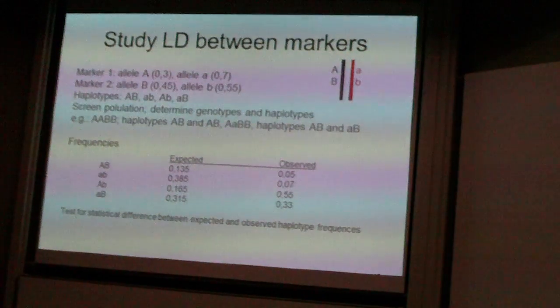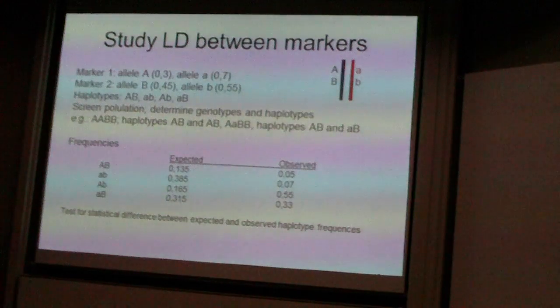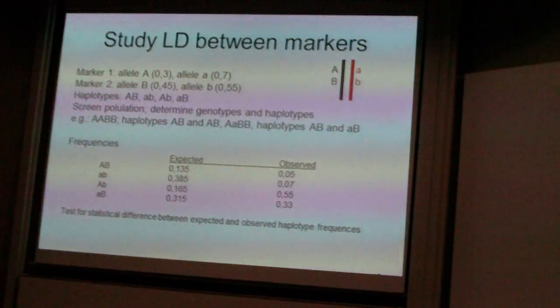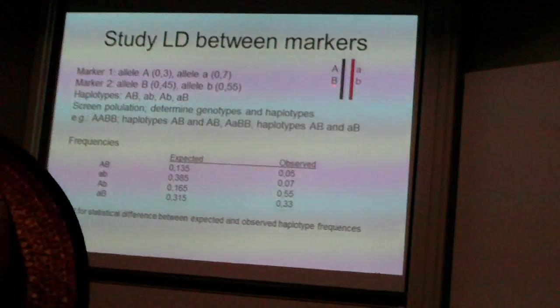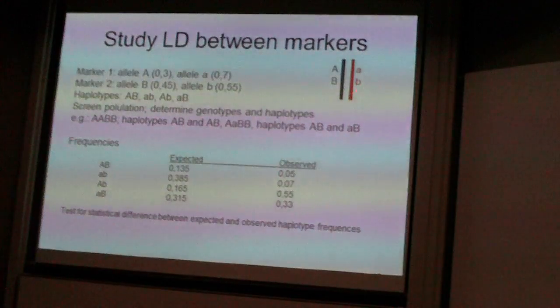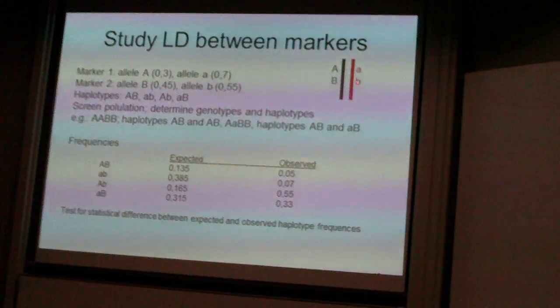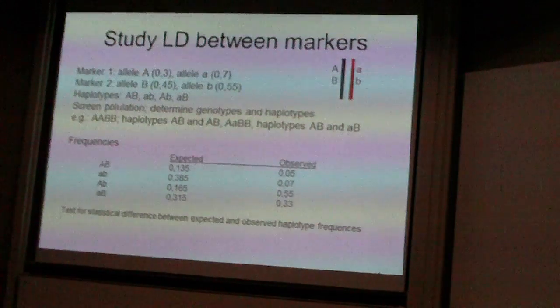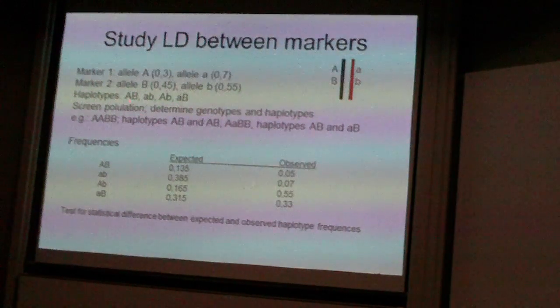Then what you can do is calculate the haplotype frequency. What is a haplotype? That's a combination of alleles on one chromosome. So one haplotype is big A, big B. Another haplotype is small a, small b. But of course you could also have the haplotype big A, small b, and small a, big B. These are the four possible combinations, the four possible haplotypes that are available.